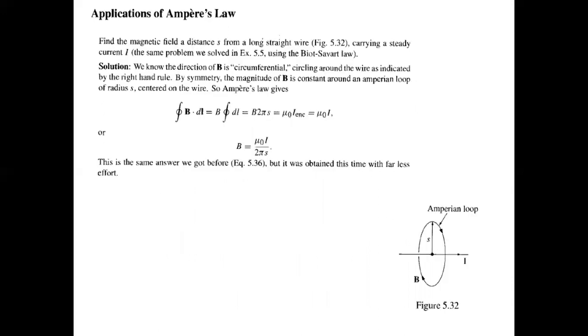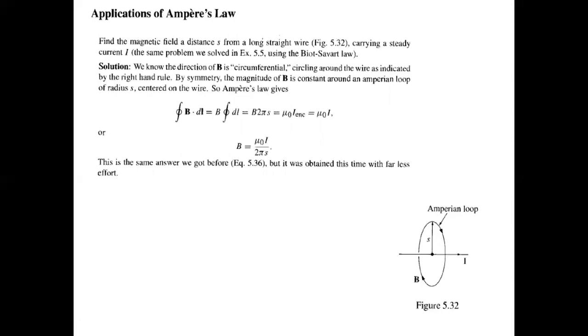Now, to do some applications, these are pretty easy applications. Find the magnetic field at a distance s from a long straight wire carrying a steady current I. So we have a wire carrying a current I, and at a distance s, we calculate the magnetic field.